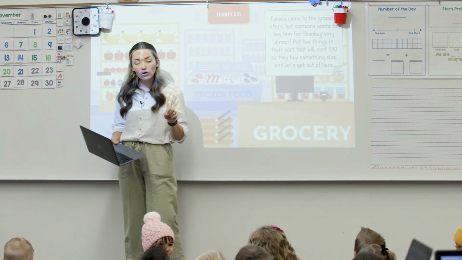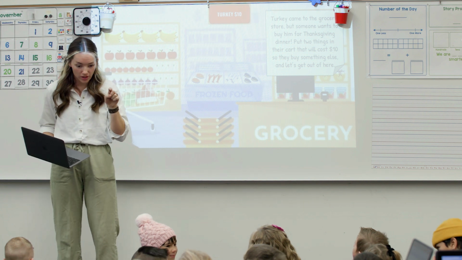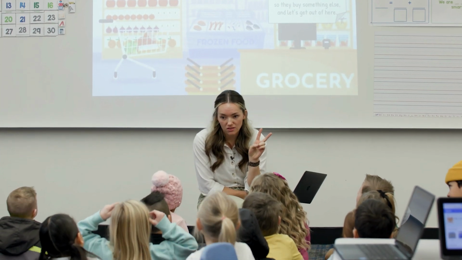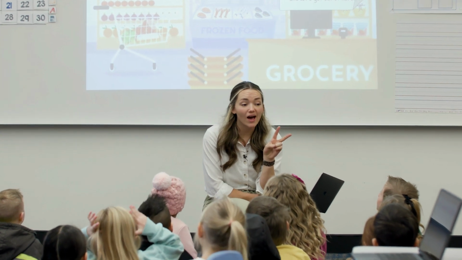So when you go and you click on the grocery store, you're going to choose two things. How many things? Two. And how much money does it need to cost? 10. So if we're using two things and they're going to buy both of them, it's kind of like adding. So you need to add two numbers that will give you how many? 10.